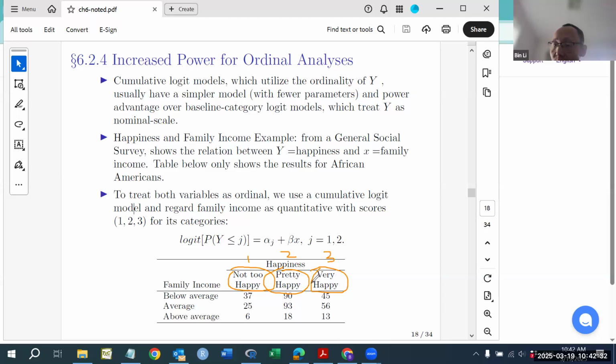But also we can ignore the ordering information. We can just treat it as a nominal response. Okay, let's see what is the difference between these two models. The family income also has 3 groups: below the average, average, above the average.